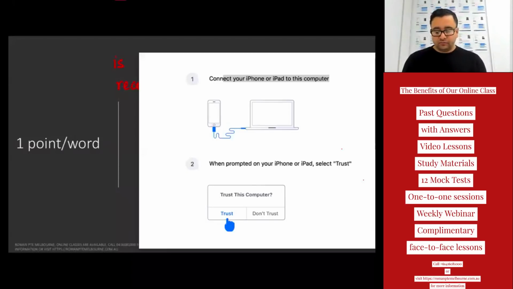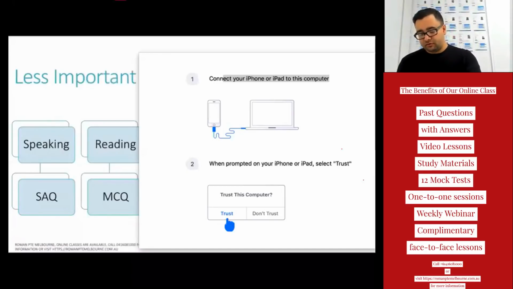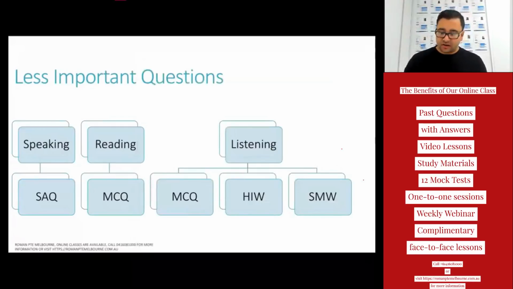Okay, so these are some of the questions to think about. Now I'm going to give you an overview of everything. I'm starting with the less important questions, questions where you should not be spending too much time during practice or even in the exam. In speaking, short answer question is the least important because one correct answer only gets you 1 point.